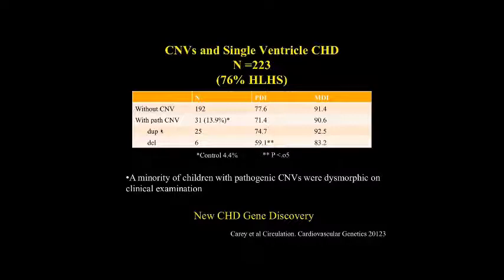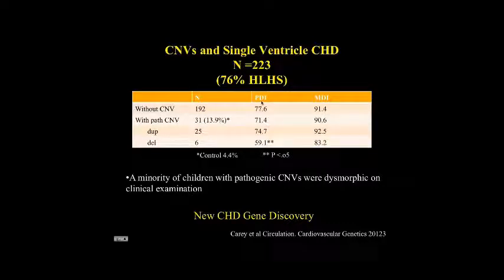And if you look at the cases as they're differentiated here, those that had a pathogenic copy number variant compared to those that didn't, and you look at things such as the Bailey Psychomotor Development Index, it's clearly seen that the prognostic information given by a copy number variant is very important, because those that had a deletion had a remarkably lower PDI on the Bailey test than those that didn't.